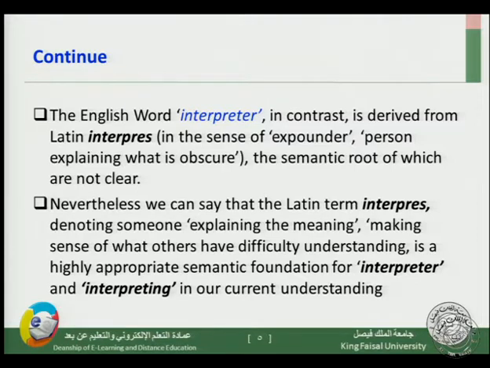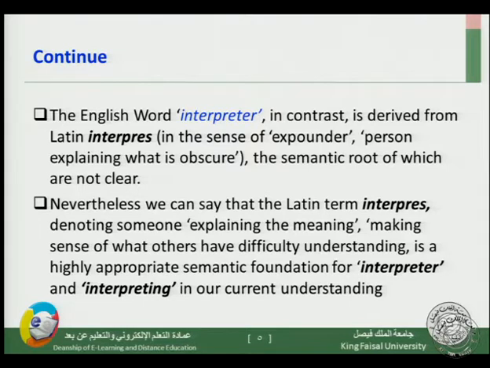In spite of what we have said so far, we can say that the Latin term interpres indicates someone who is explaining the meaning. Explaining the meaning means making sense of what others have difficulty understanding.